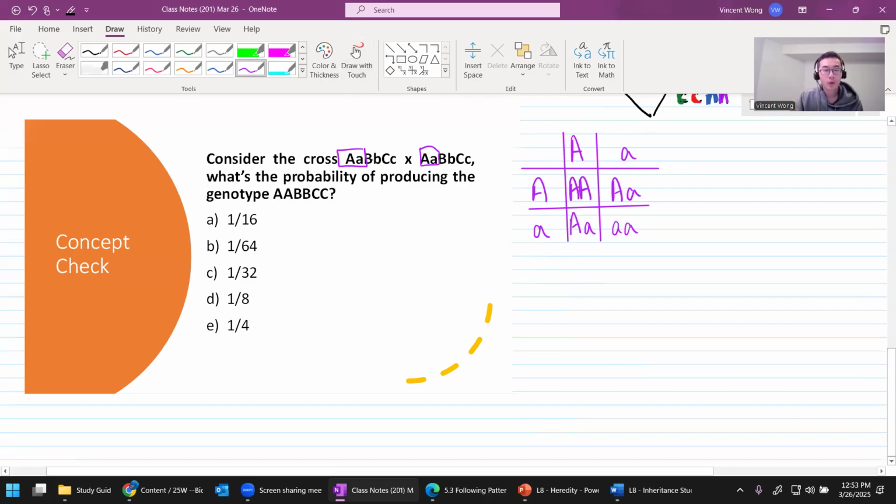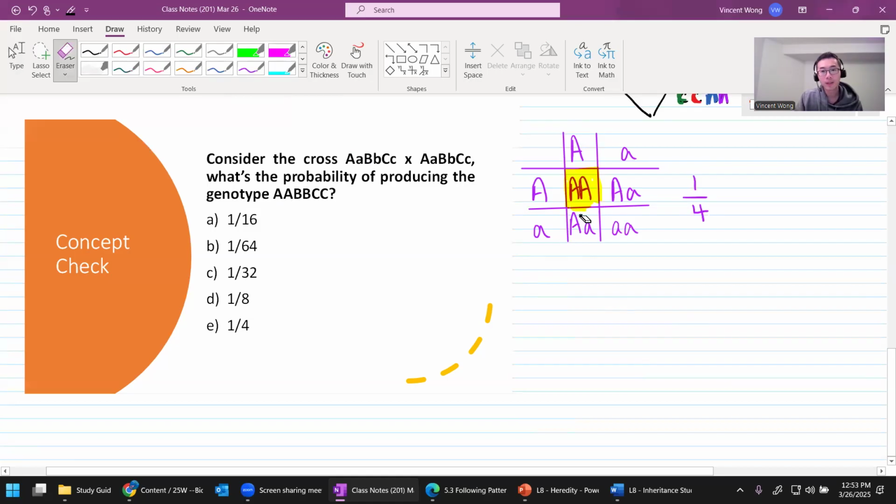So what does the question want? The question wants us to calculate the probability of producing big A, big A. Looking at this, what's the chance of producing big A, big A? Well, there is big A, and the probability of that happening is 25%. But these are in fractions, so I'm going to do fractions, 1/4.